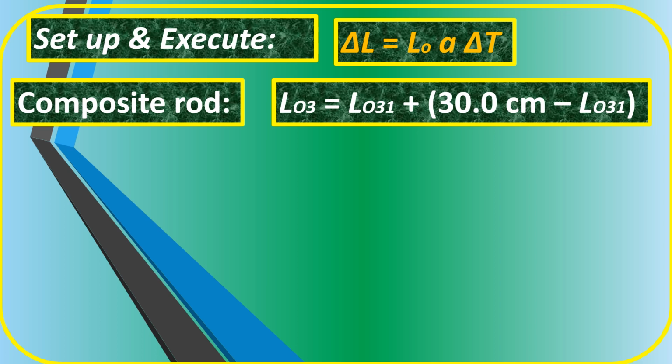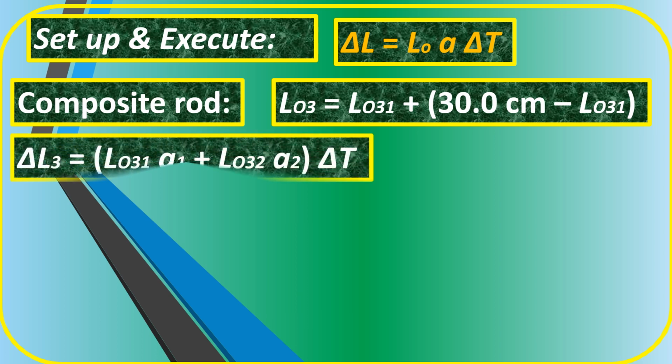Now, since the change in length of the composite rod, or delta L3, is given in the problem, we can just equate this delta L3 to the quantity L naught 31 multiplied by alpha 1 plus L naught 32 multiplied by alpha 2, so their sum will be multiplied by delta T.